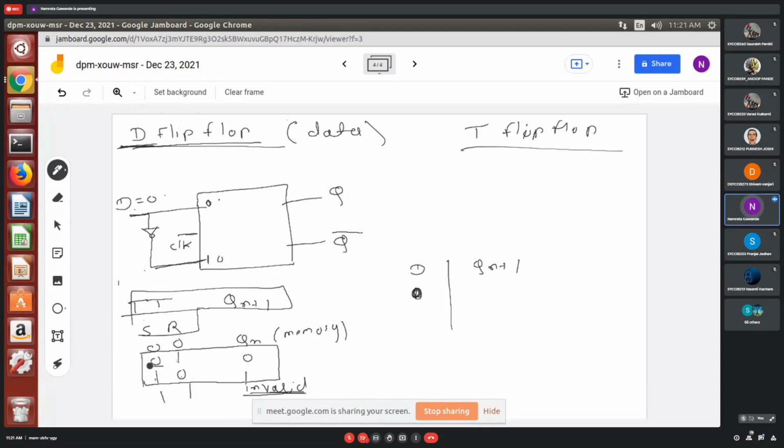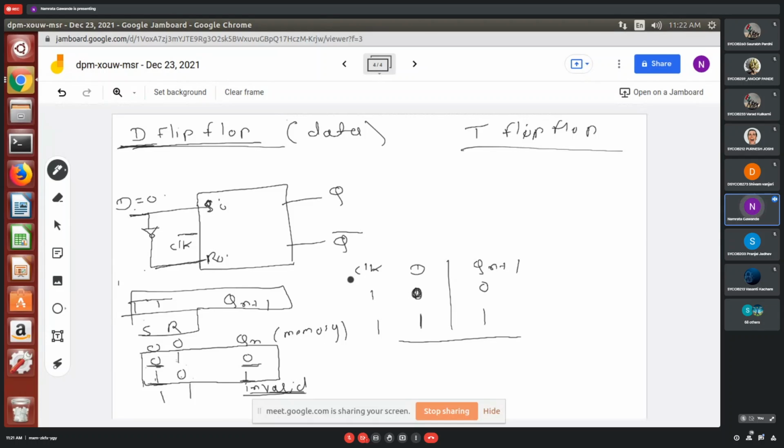If D is 0, means S is 0; this is nothing but S and this is nothing but R. If S is 0 and R is 1, what is the output? 0. So this is 0. And if D is 1, means S is 1, in that case the output that we get is 1. And we get this output whenever the clock is present, when the clock is 1.